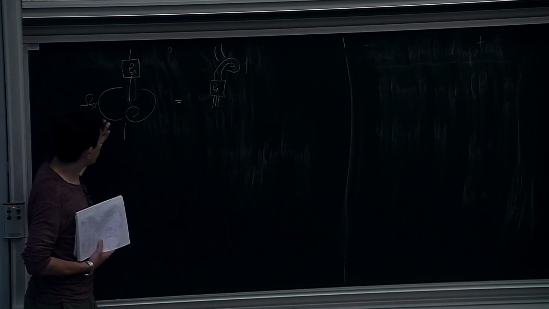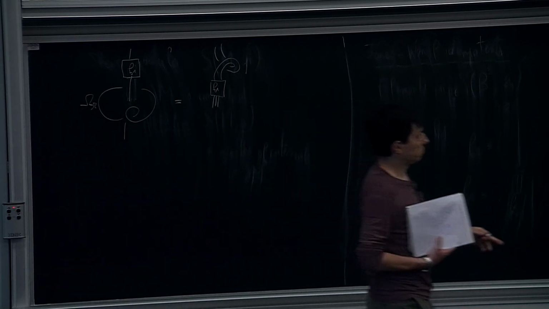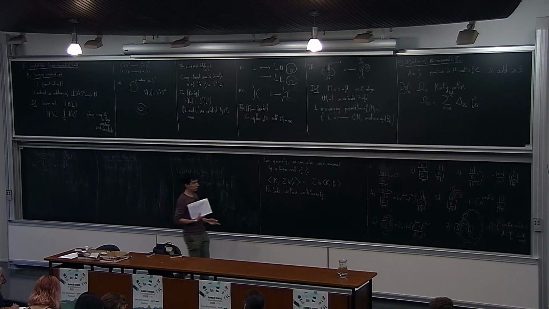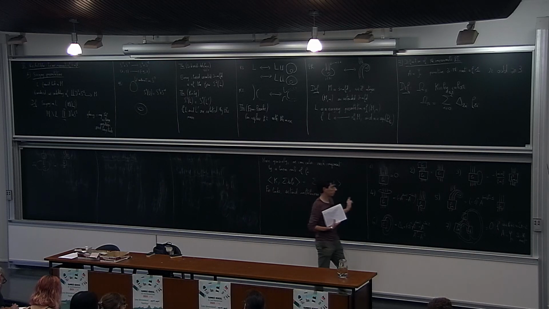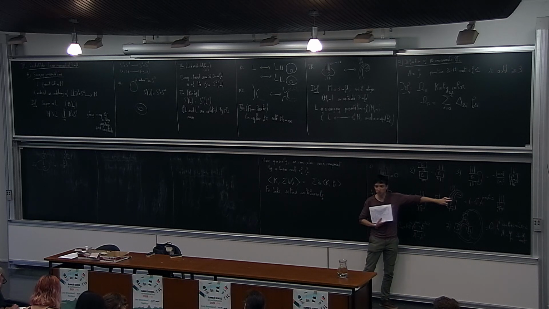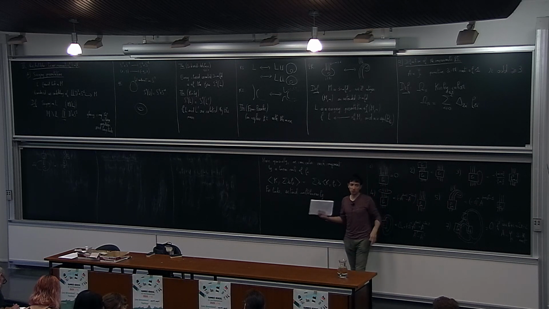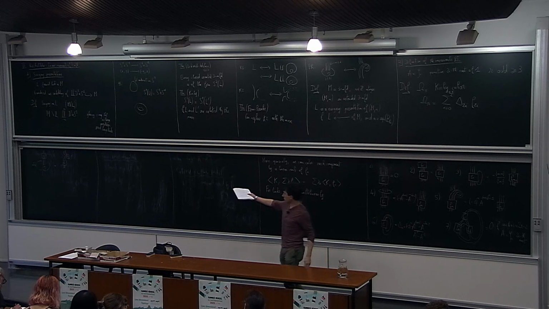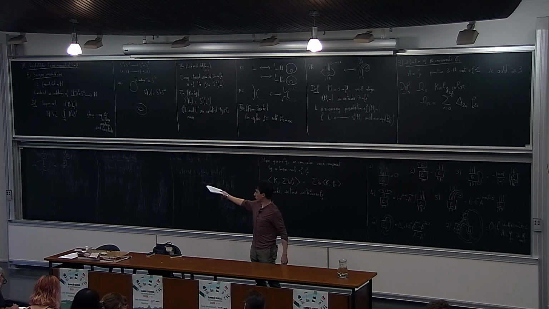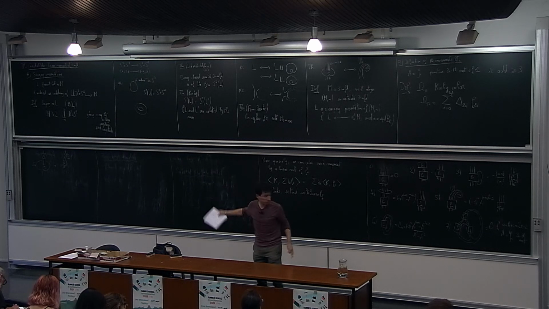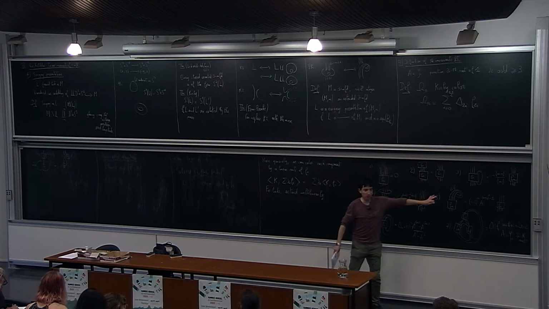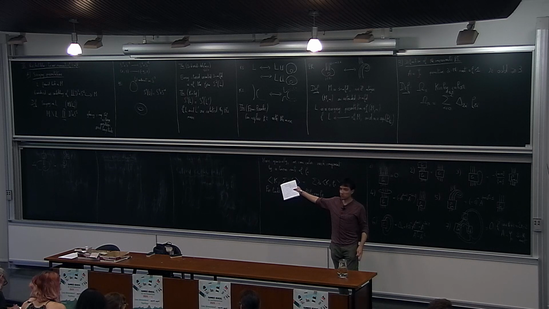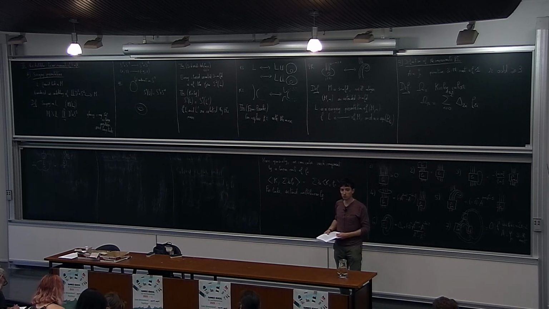And well, it's a relation that you can deduce from the ones that I've written here. So you need both this one and this one. And when you expand the linear combination that the Kirby color is, like omega r is a linear combination of Jones-Wenzl idempotents, and you plug in those formulas, it turns out that this is the property.